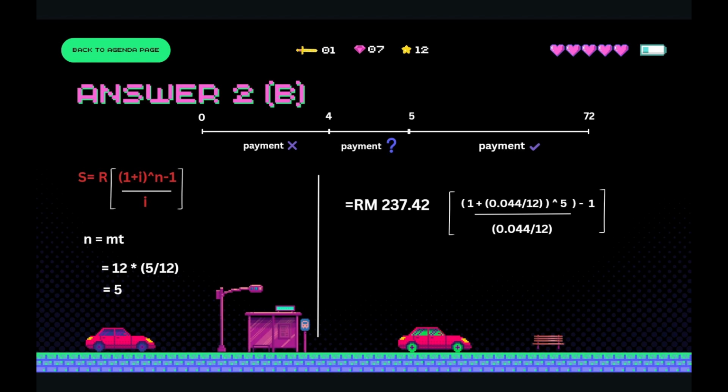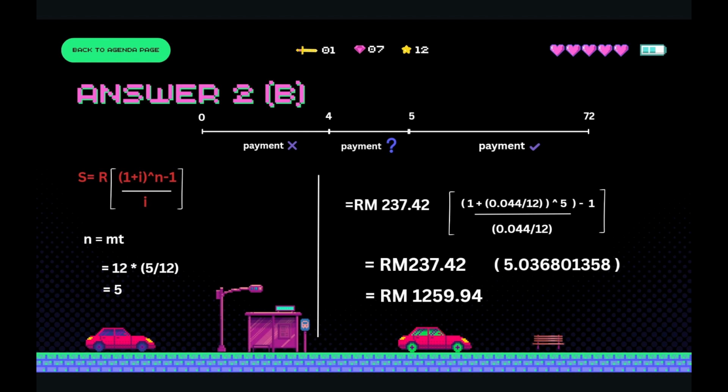So we get 237 ringgit and 42 cents, open big bracket, open small bracket, 1 plus open another small bracket, 0.044 over 12 close small bracket in the power of 5, close small bracket again, minus 1 over open bracket, 0.044 over 12 close bracket, and then close big bracket.